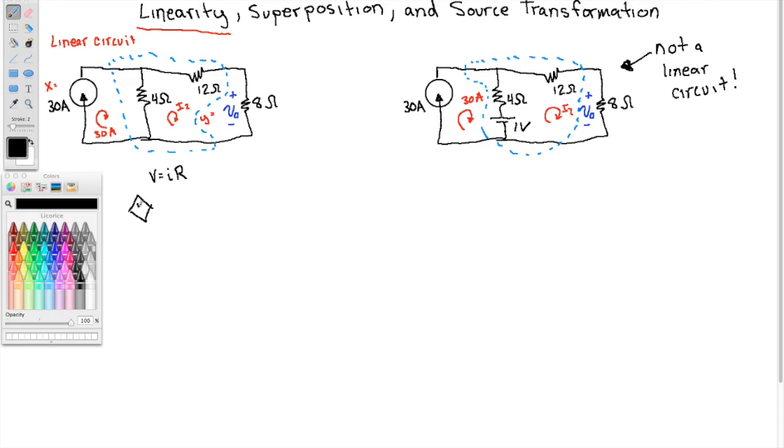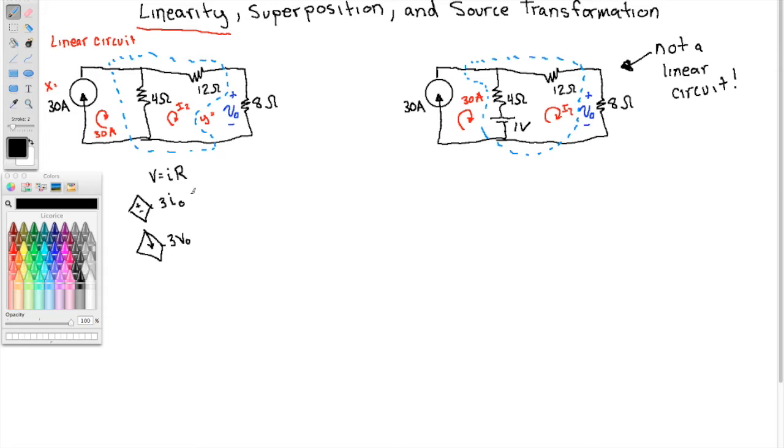Furthermore, now this circuit did not have any dependent sources, but if we had a dependent source, those are usually proportional. Maybe the voltage is 3 times some current, and maybe this current is 3 times some voltage. They're always in this form where you have a number times something, and that's because of transistors, which we won't get into.